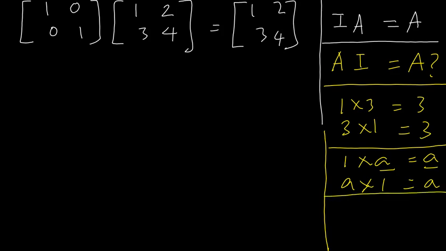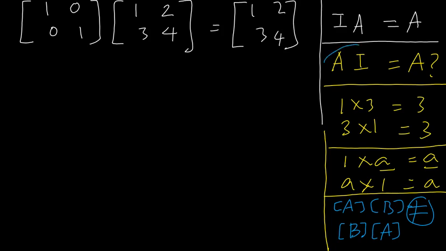But in matrix it's very different. If matrix A you multiply with matrix B, you will not get the same answer as matrix B you multiply with matrix A. So now we want to check what if we switch.